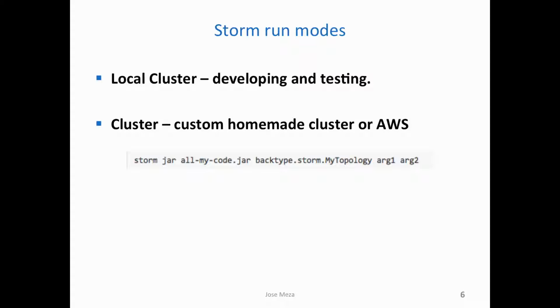There are two run modes for Storm. One is the local cluster, which is used for developing and testing, and all you need is just your local machine. The second form is cluster. With the cluster, you can run it on multiple machines, whether it be a custom homemade cluster or on Amazon Web Services, or AWS.